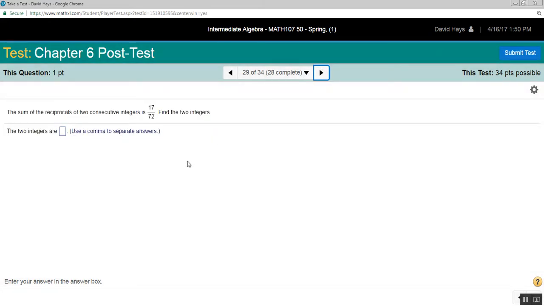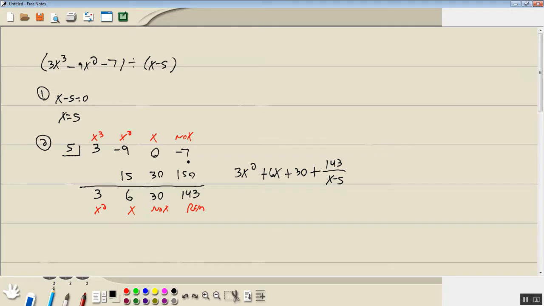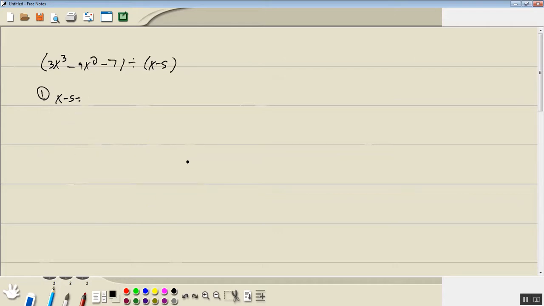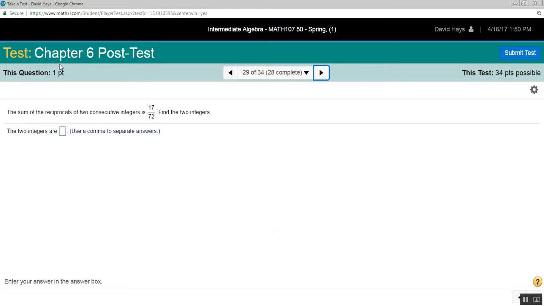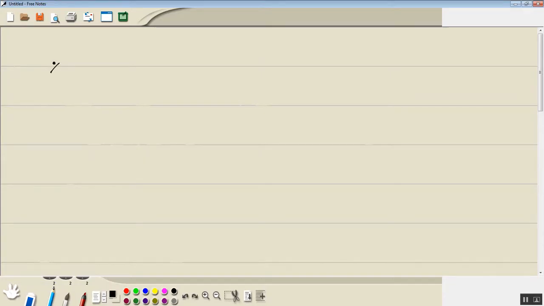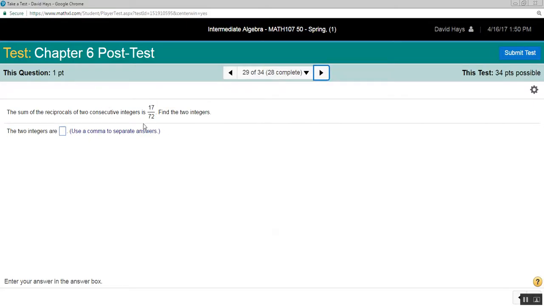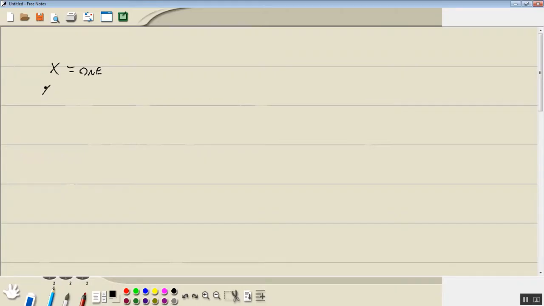The sum of the reciprocals of two consecutive integers. Okay, first off, consecutive integers, that's like x is the first. And consecutive, that'd be x plus 1. That's our second.